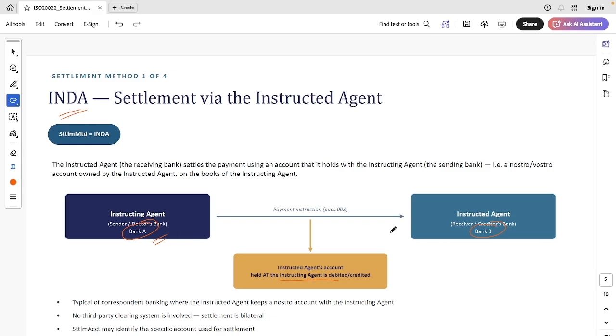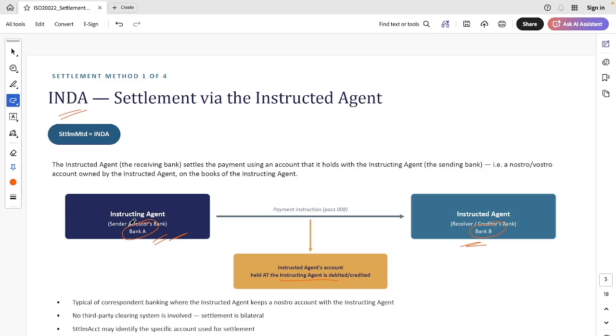If Bank B holds an account with Bank A, then Bank A can settle the payment using Bank B's account with Bank A. From Bank B's perspective, this account may be its nostro account, and from Bank A's perspective, it may be Bank B's vostro account.